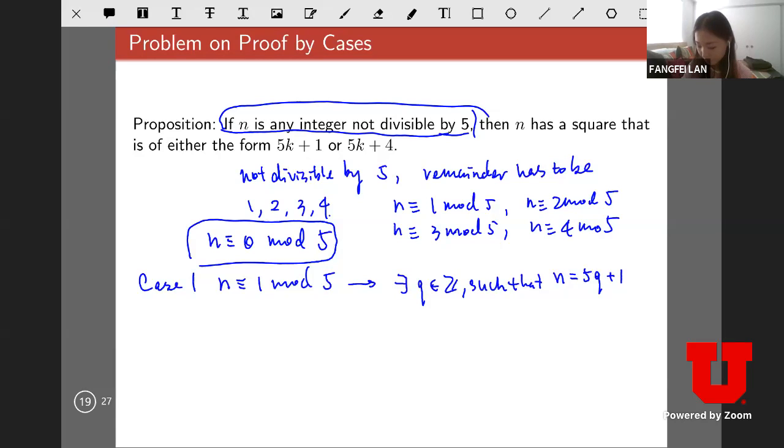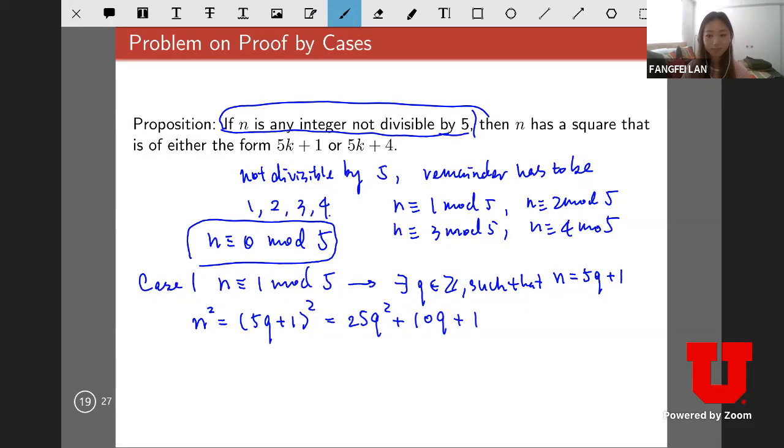Then it says n has a square that is of either the form this or this, right? So we want n squared. n squared is equal to (5q plus 1) squared. Open the parentheses, we get 25q squared plus 10q plus 1.